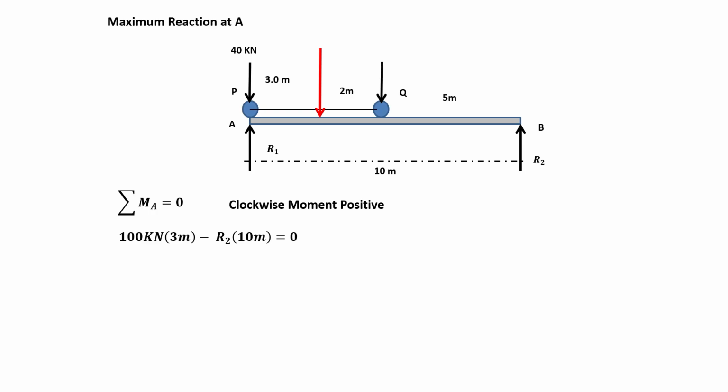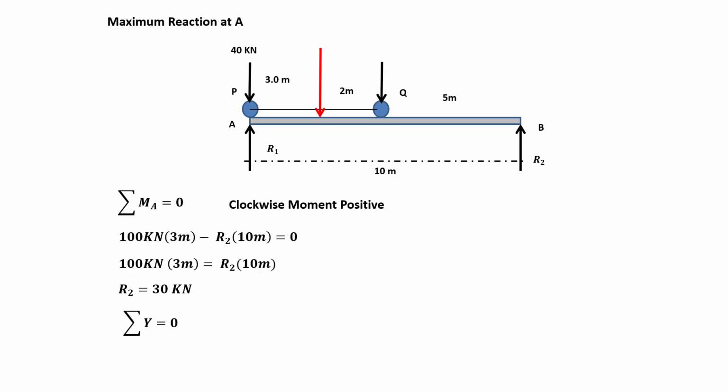That is why we arrive at the equation 100 times 3 minus R sub 2 times 10 equals 0. After transposing R sub 2 times 10 meters to the right-hand side, it becomes 100 kilonewton times 3 meters equals R sub 2 times 10 meters. Finally, R sub 2 is equal to 30 kilonewton.